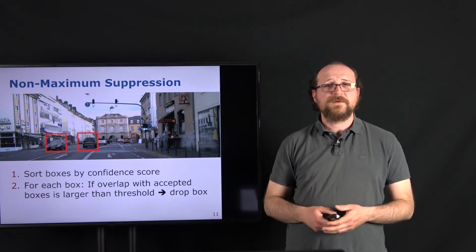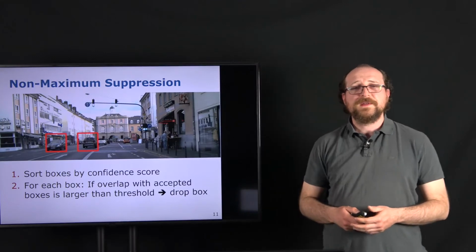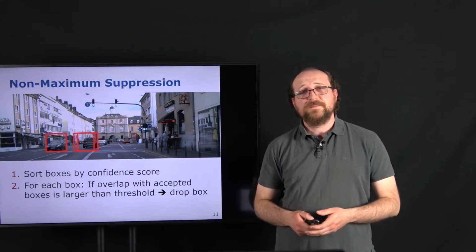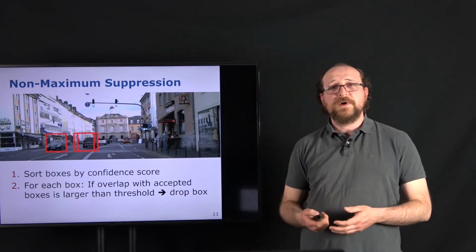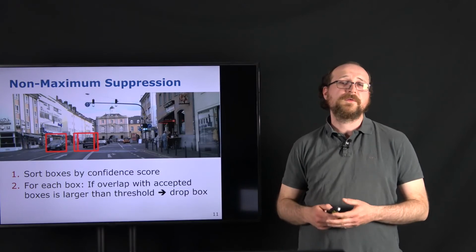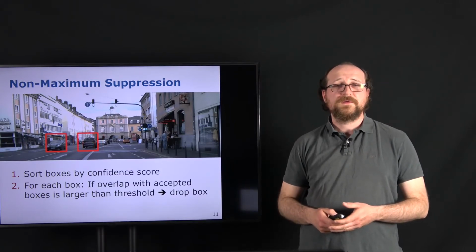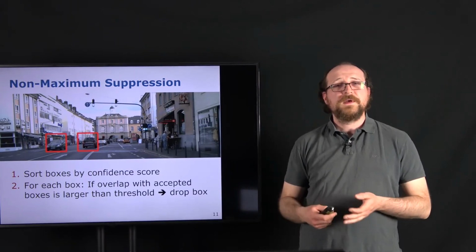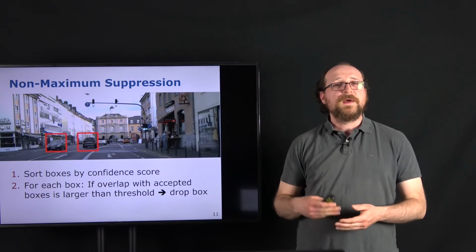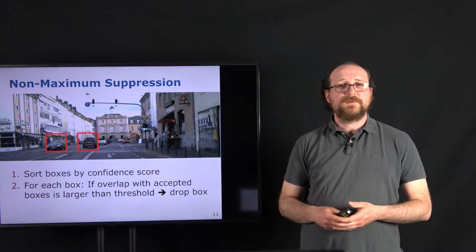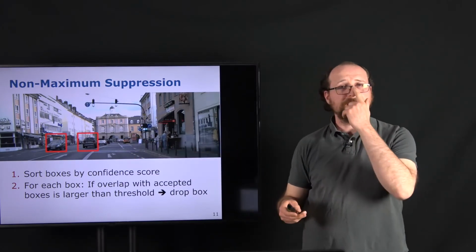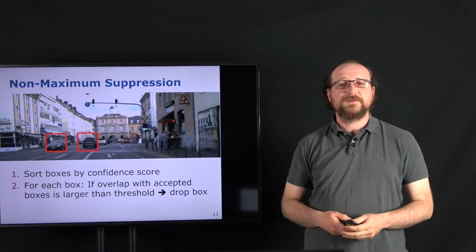This is also a high confidence detection, and it's not overlapping with something, so we are just keeping it. And then we are coming to this bounding box, which is again overlapping with an already accepted bounding box, so we are dropping this again. When we move on, in the end we have the thing that we want to have. We are retaining only the maximum confident bounding boxes that also nicely enclose the objects that we want to have, in this case the cars.